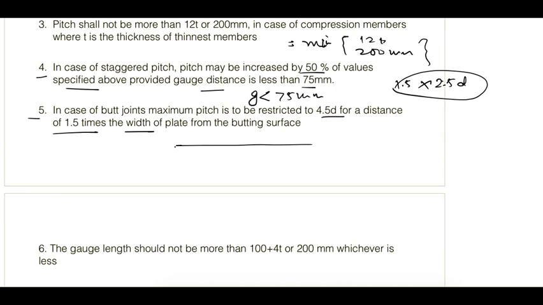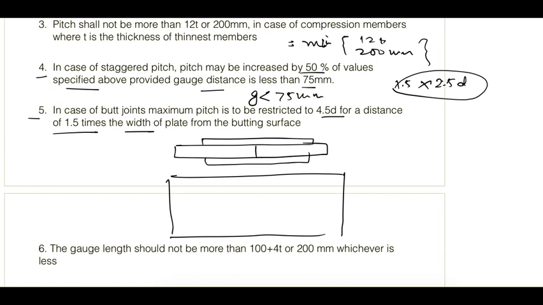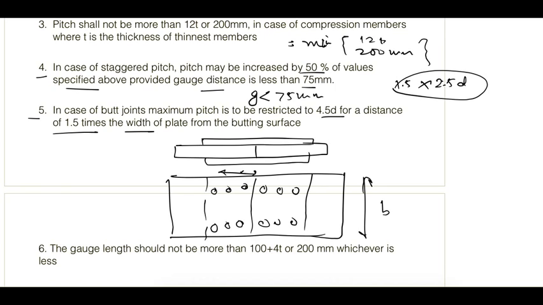So what it says here, that this is the butt joint, so if these are the bolts and this is the width of the plate, so it says that for the distance of 1.5 times the width of the plate from the butting surface, so let's say this is 1.5 times b, so the pitch in this zone, the maximum pitch we can take here, P max here would be 4.5d.